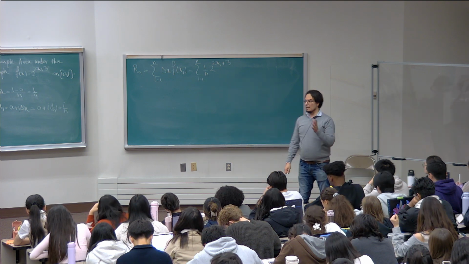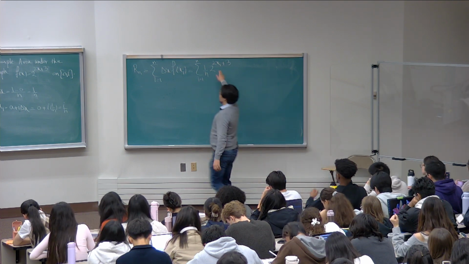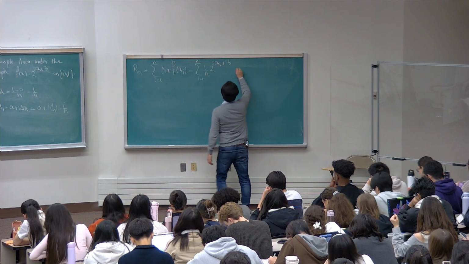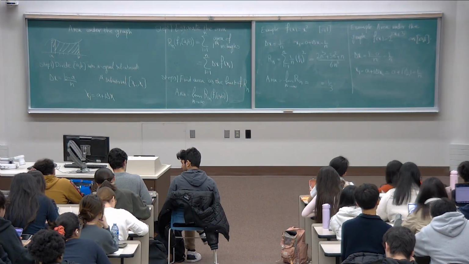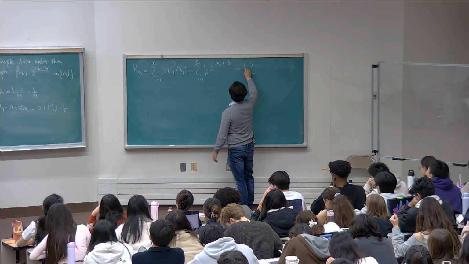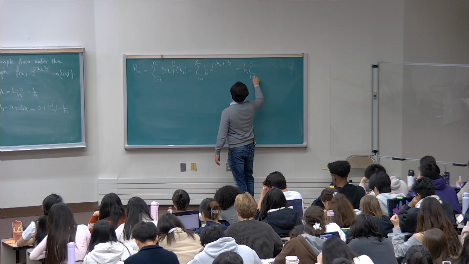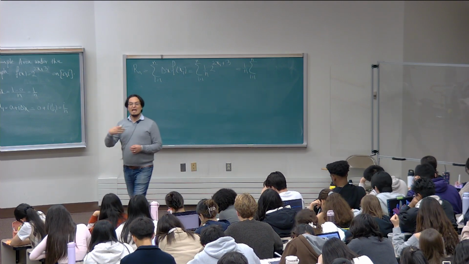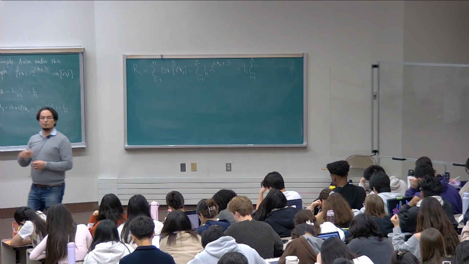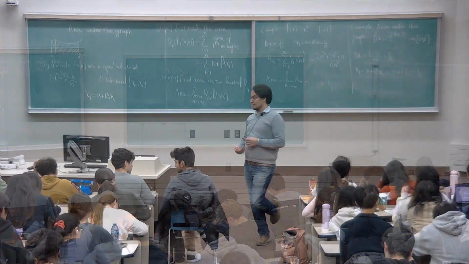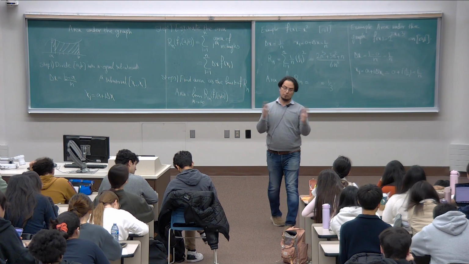I'm not done yet because I have to put what xi is. But before I do that, I notice that this 1 over n is a constant. I can put it outside. What I mean by constant here is that it doesn't have any variable i in it, any summation index in it. It's multiplied, so I can put it out.